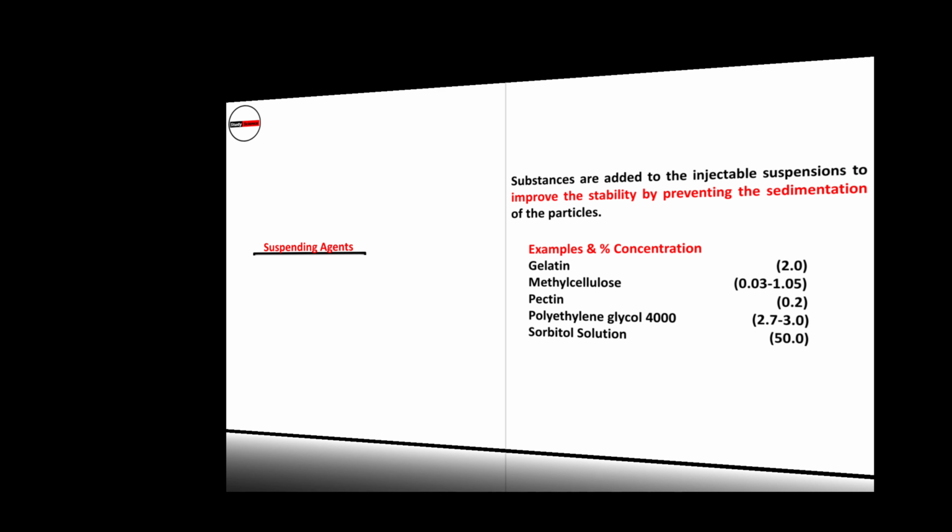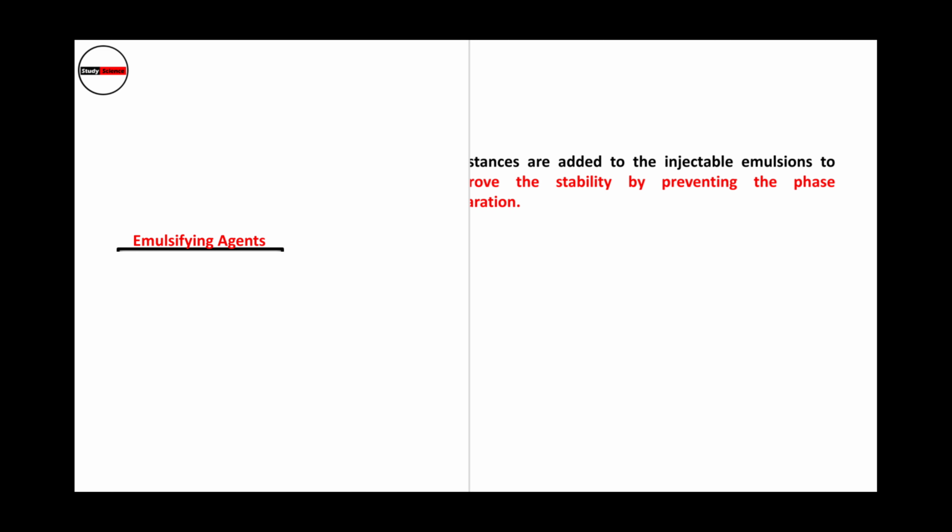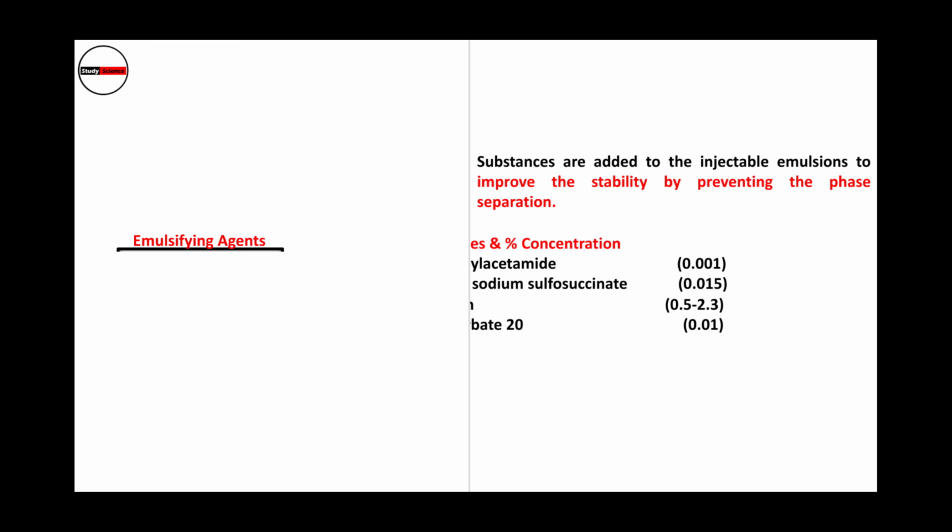The next additive which we use in parenterals is emulsifying agent. The emulsifying agents are added into the parenteral preparation to improve the stability by preventing phase separation. These are the agents which prevent the phase separation of the formulation. And here are some examples of emulsifying agents.